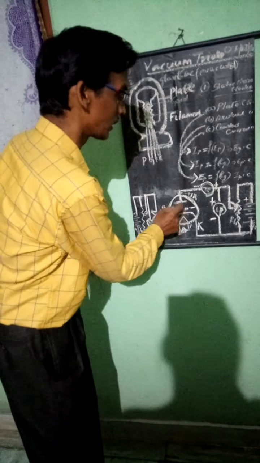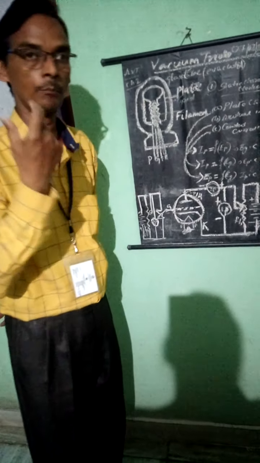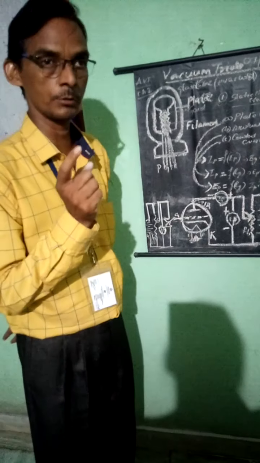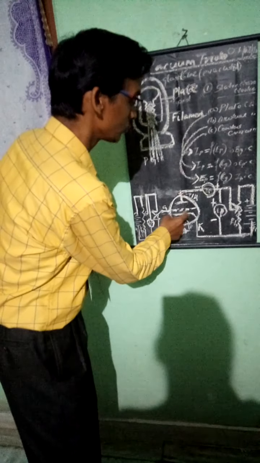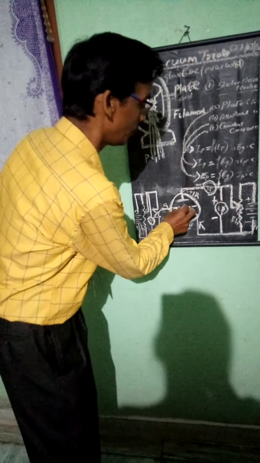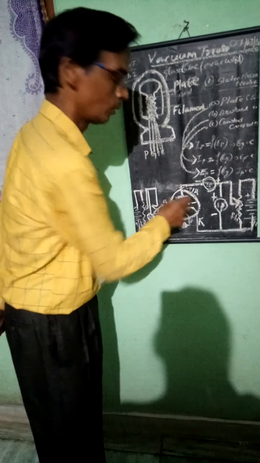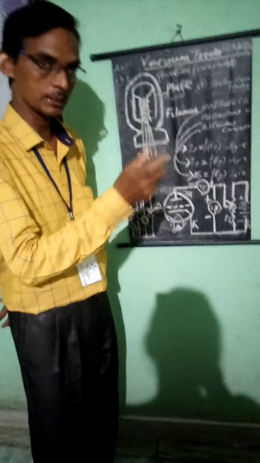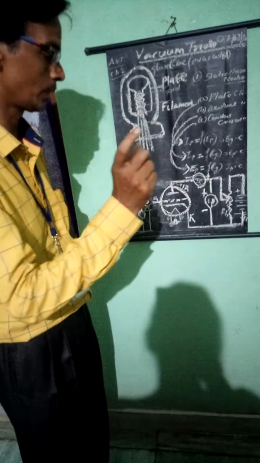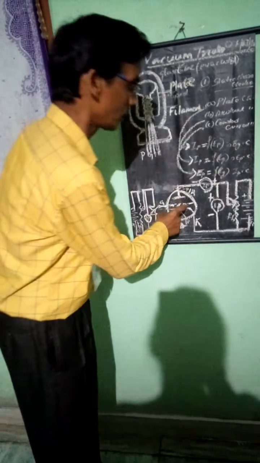After the heating, the cathode emits a number of electrons by the process of thermionic emission. As the electrons are emitted by the cathode, they stay near the cathode, making a space charge region. I told you that the space charge is a cloud of a maximum number of electrons existing near the cathode.